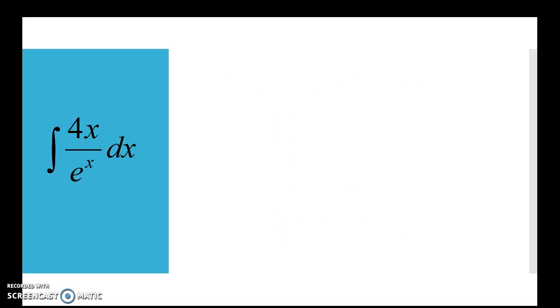All right, so the antiderivative of 4x divided by e to the x. First I'm going to write this as a product. So it'll be 4x times e to the negative x dx. All right, my little order for picking u. I need to determine u and dv from this.